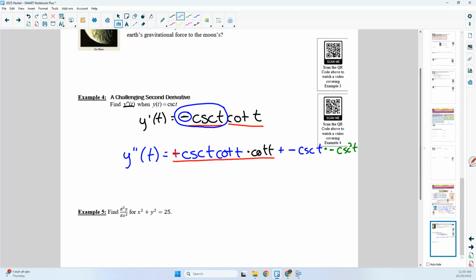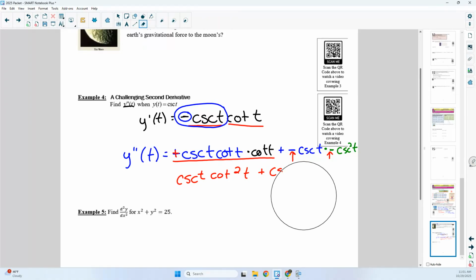So this first term is positive, so I have cosecant t cotangent squared of t. I have two negative signs here, right? So those are going to cancel and become positive. So I have plus cosecant of t cosecant squared of t. So we can rewrite this piece as cosecant cubed of t. You might see this factored as you go through this process, but that is the final answer on that one.